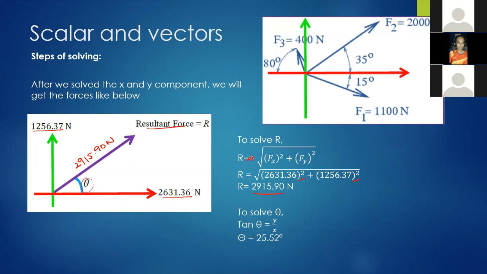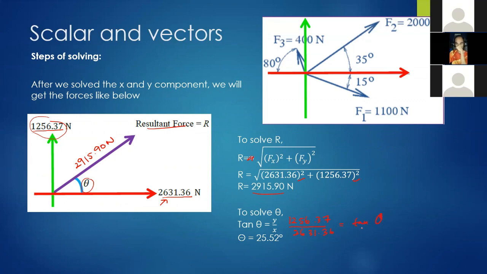How much is the angle? It is easy. You put Y over X. Y is 1256.37 divided by X, which is 2631.36, equals tangent theta.